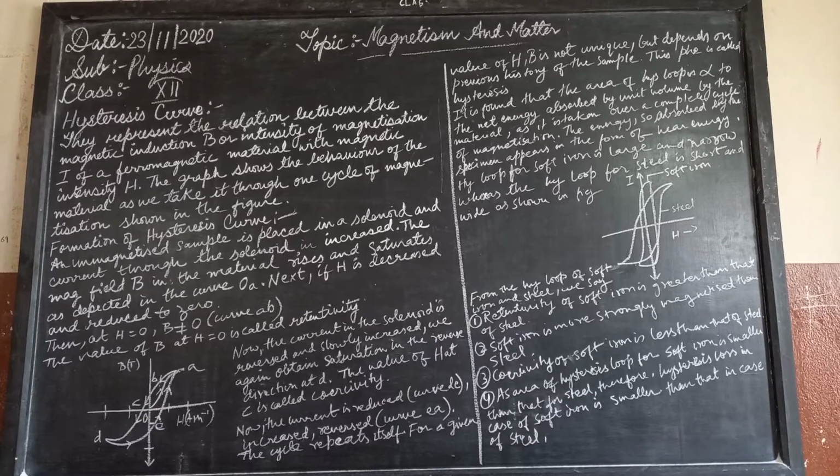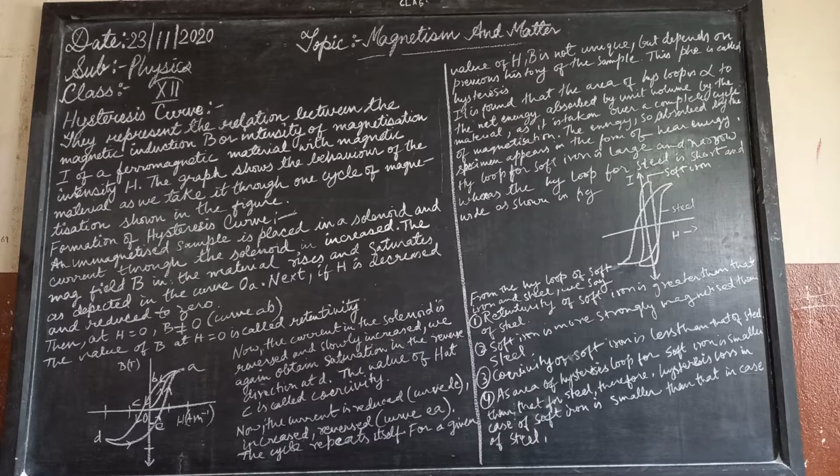If H equals 0, then the curve AB forms, from A to B. The value of B at H equal to 0 is the retentivity.